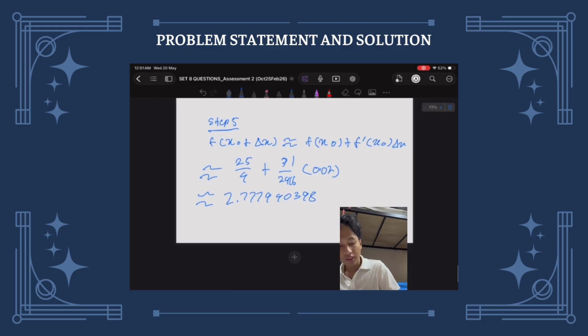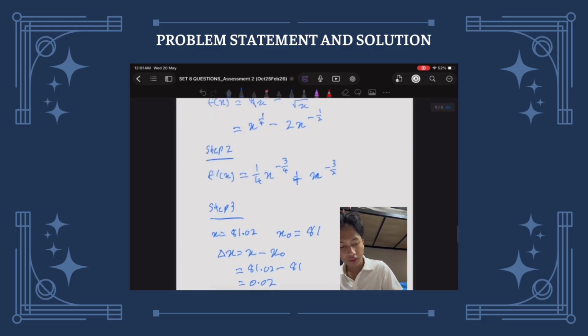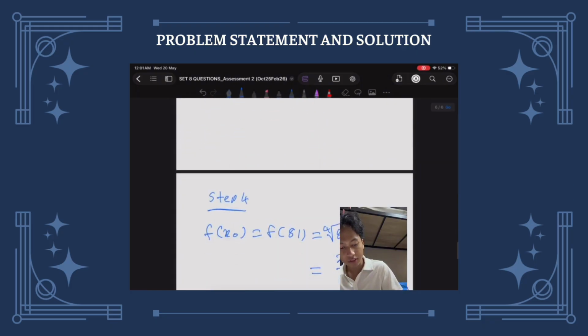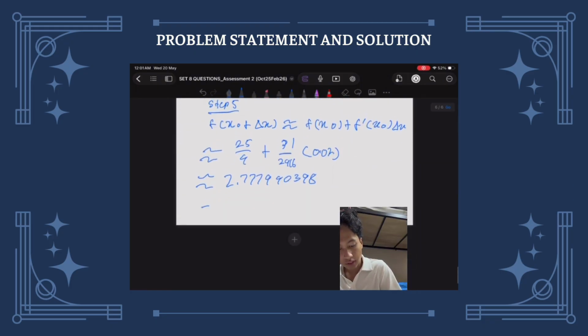But the question asks for 4 decimal places, so I think the answer is 2.7780. So I think that's all for me. That's the answer, I think.